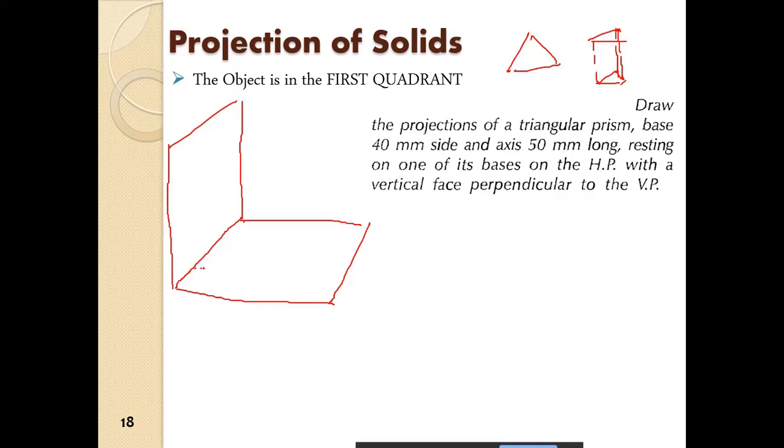One of the faces is perpendicular to the VP, so it is in this manner. So this face and the other two faces make up the triangular prism.